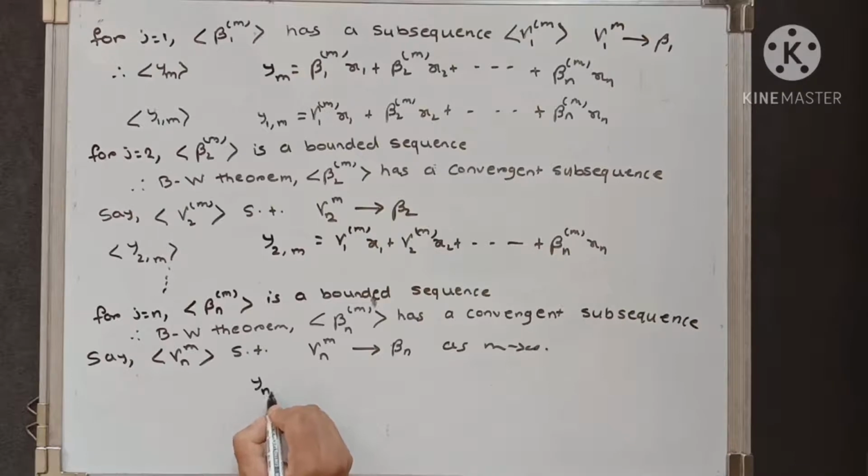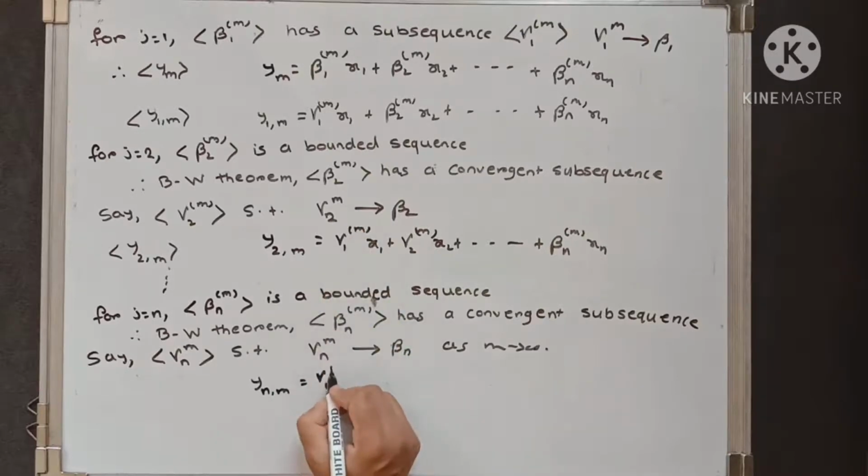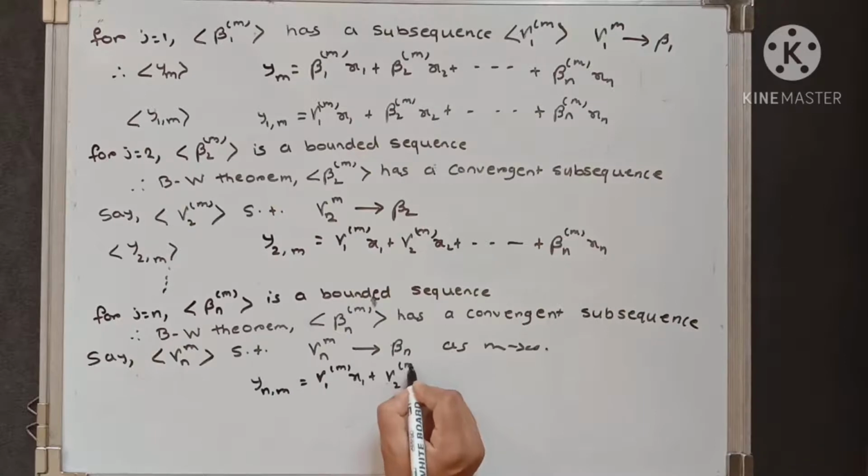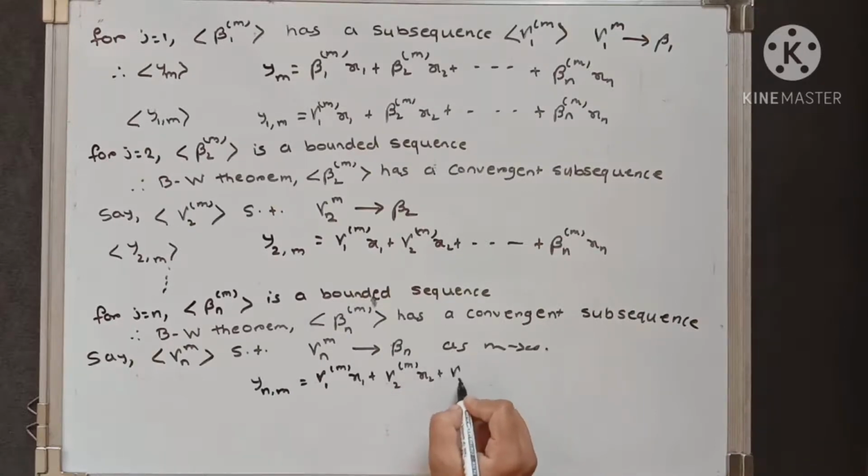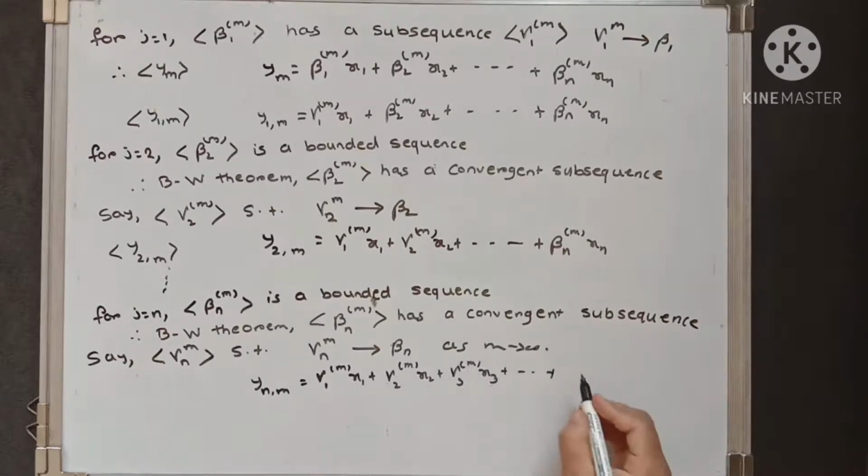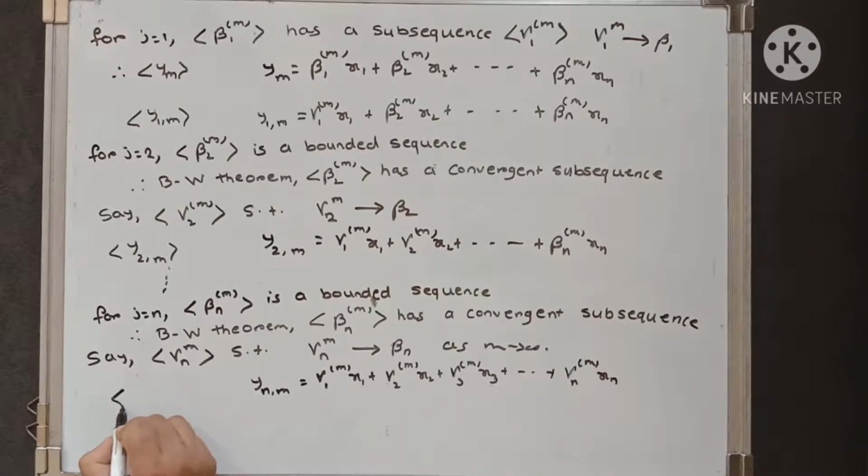And therefore here we get the corresponding ynm, where the first term is gamma 1m x1, the second term is gamma 2m x2, the third term becomes gamma 3m x3, and so on. The last term becomes gamma nm xn, and therefore here we get the sequence y1m.